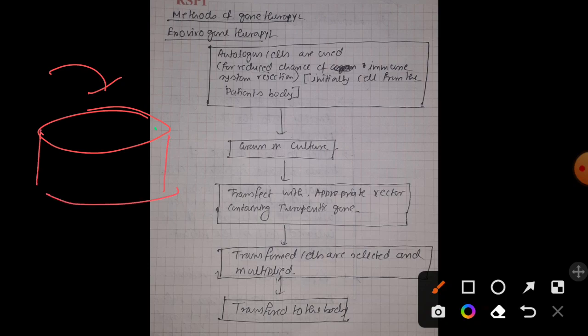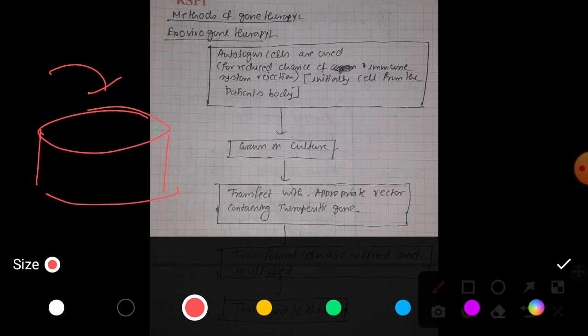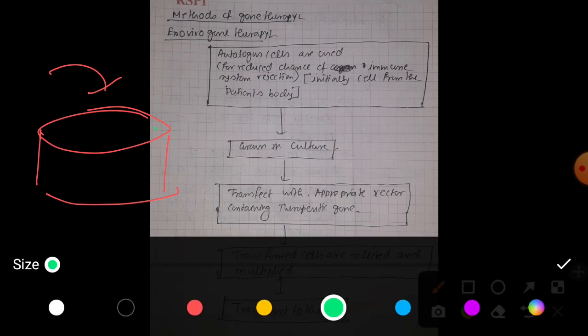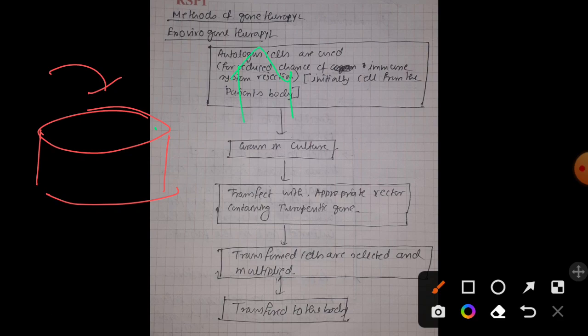Now, with the help of appropriate vectors, and in most cases of gene delivery for gene therapy purposes we are using viral vectors or liposome-mediated gene delivery systems, which are the more standard approach. This vector contains the gene. Now you will transfect those cells, that is my skin cells, with the help of those vectors.